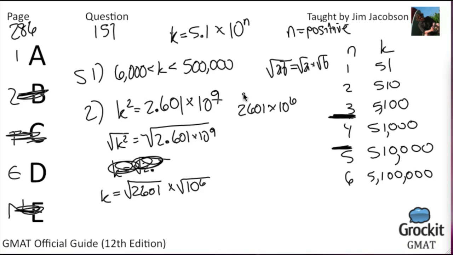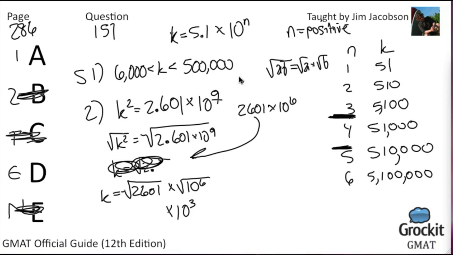Hopefully you all were able to follow my logic there. There's a step in here where we converted this to that. So the square root of 10 to the 6th is pretty easy. That's going to be 10 to the 3rd. The big problem is this square root of 2,601. You look at that and you say, ugh, that's terrible.